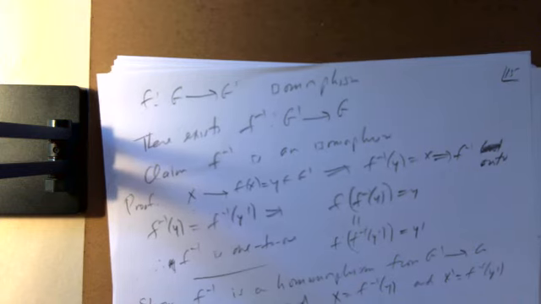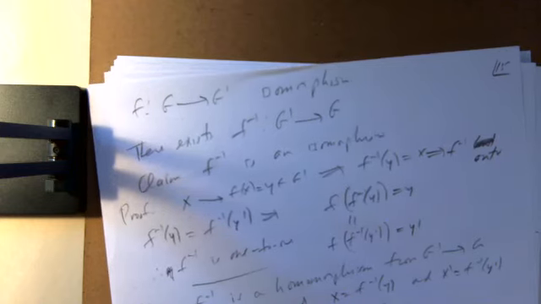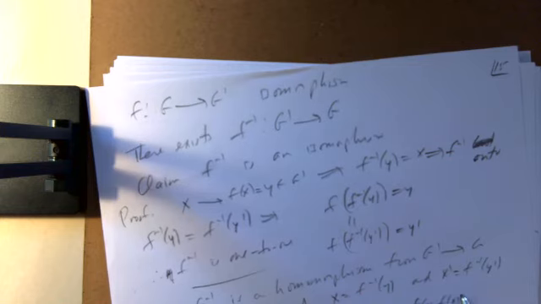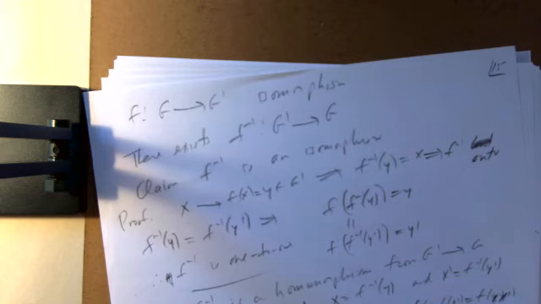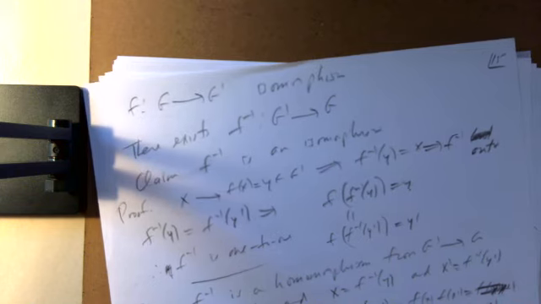So that means that f of x equals y, f of x prime equals y prime. Sorry, f of x is y prime.